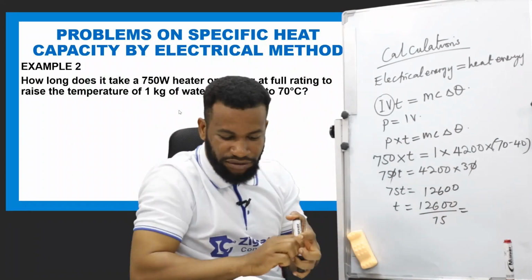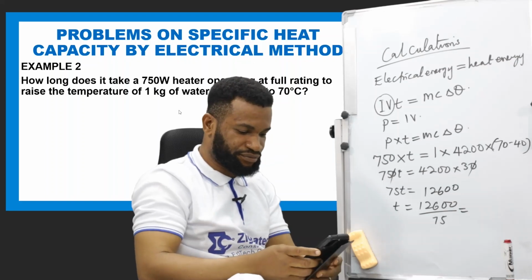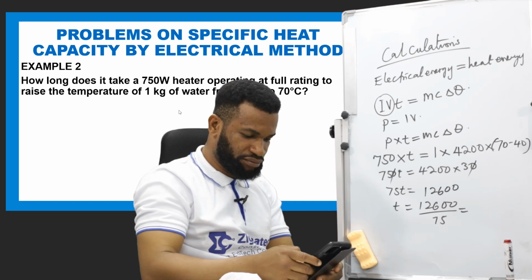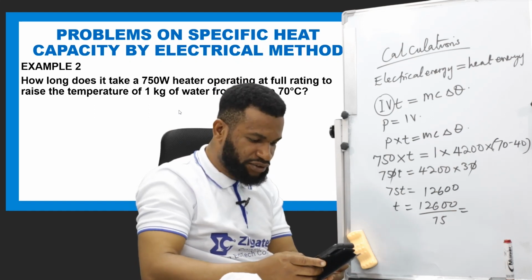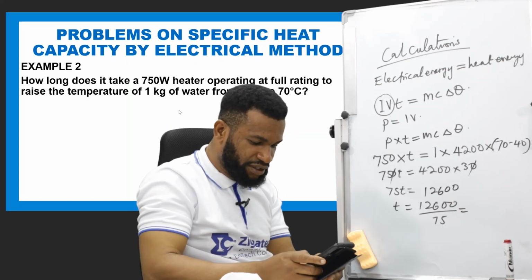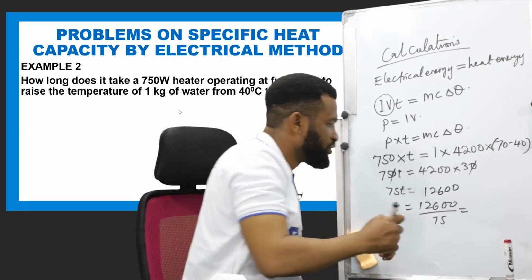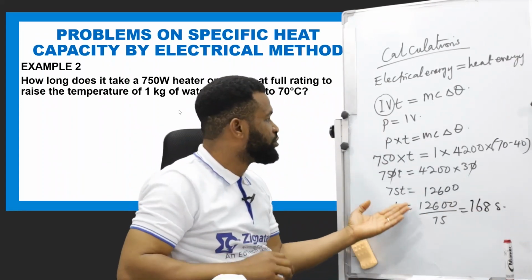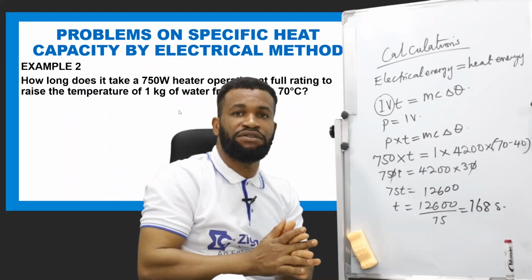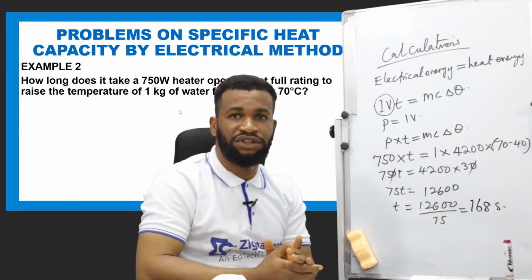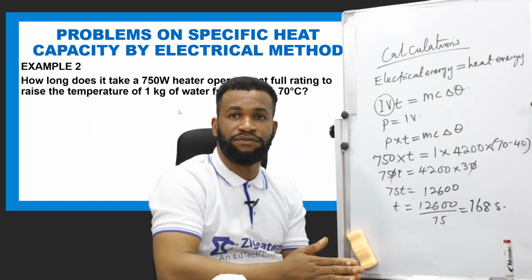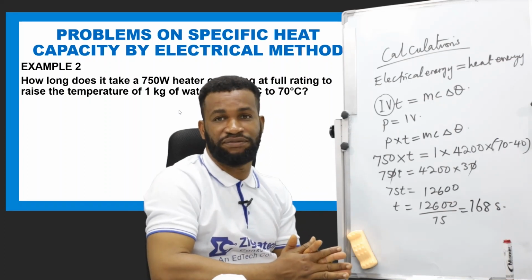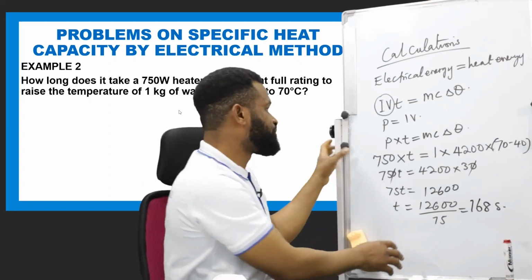So let's just find what that is. 12600 divided by 75 gives 168 seconds. So this is the time taken. Whenever you hear how long, it means the time it takes to heat water of 1 kilogram with the electrical power of 750 watts from 40 to 70.